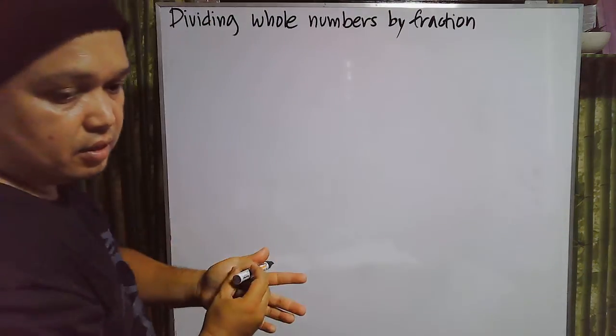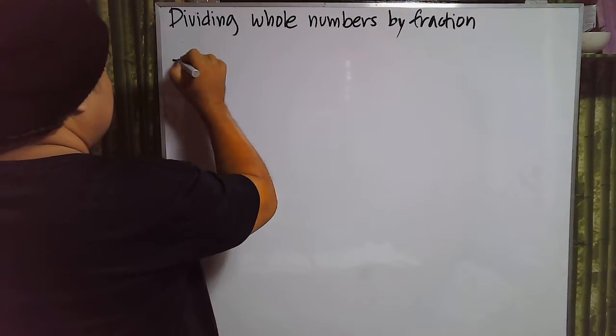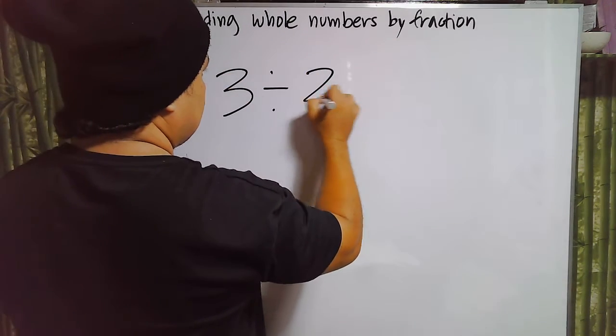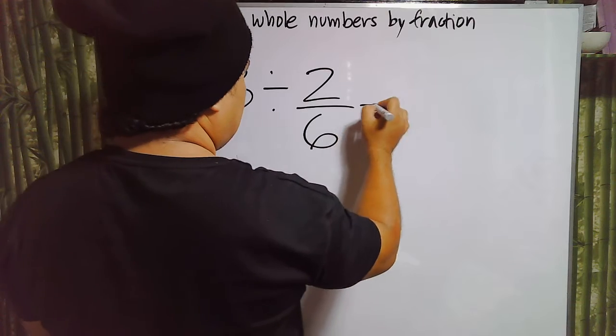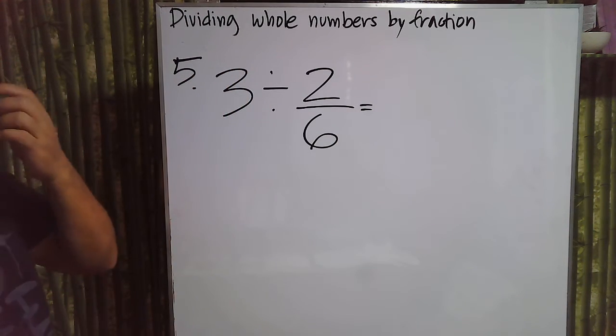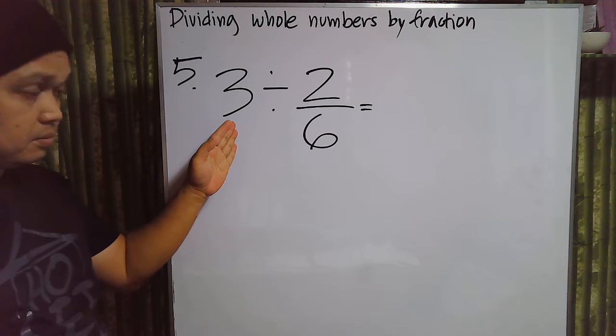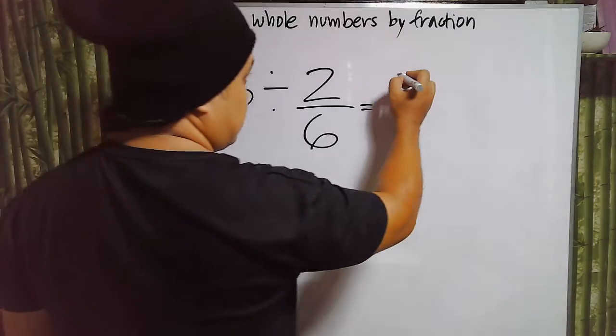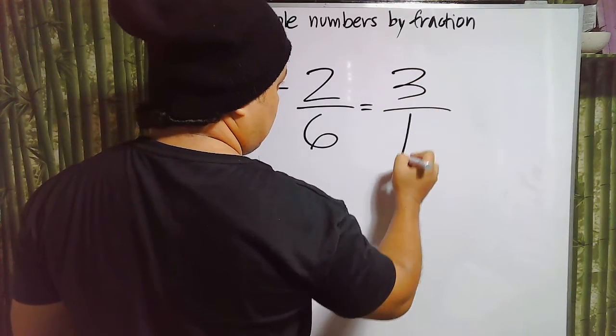Let's have 3 divided by 2/6. Okay, whole number divided by the fraction. Now, the same, change this first into a fraction form, which is 3 over 1.